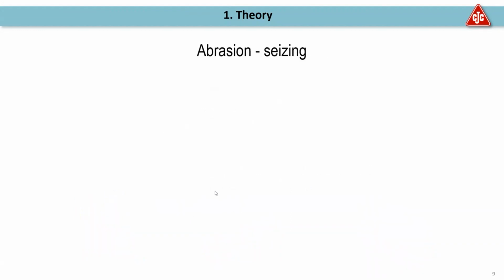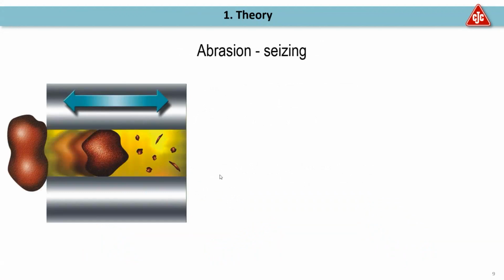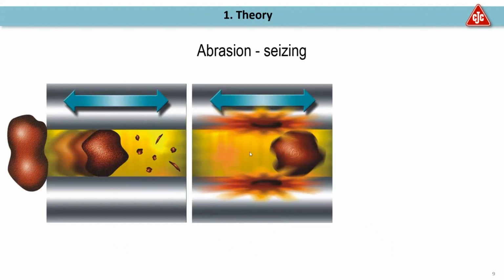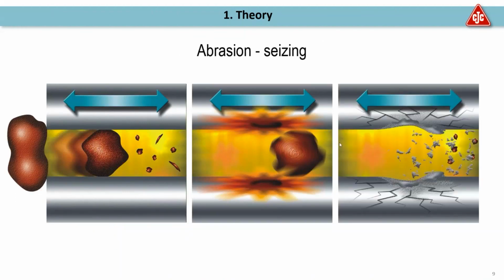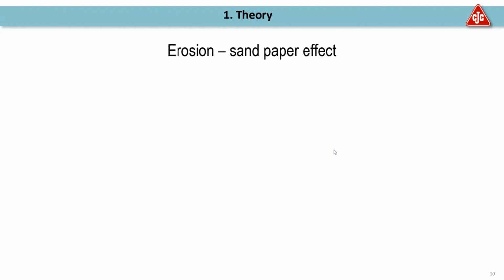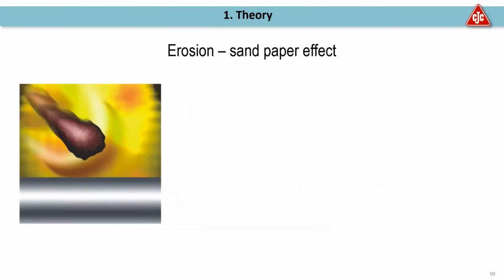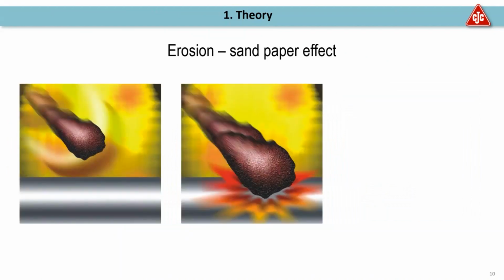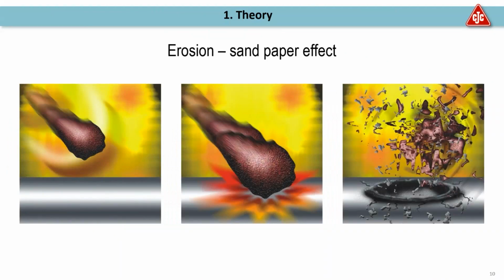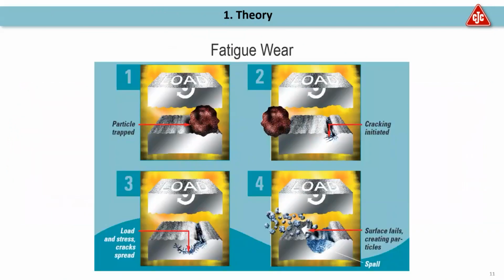There are different forms of wear. One is abrasion, seizing, smaller particles getting in between two horizontally moving surfaces and causing damage that way. Erosion, or sandpaper effect, where particles are pumped through or at a high velocity and damaging surfaces that way.